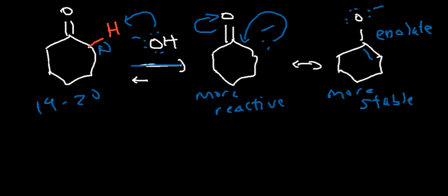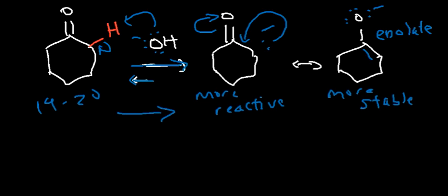By the way, notice that I drew these arrows differently. If you use hydroxide, you will only get a small amount of the enolate ion. But if you use a stronger base like LDA, it's pretty much going to go towards completion. So hydroxide could work, but the yields will be low. So keep that in mind.